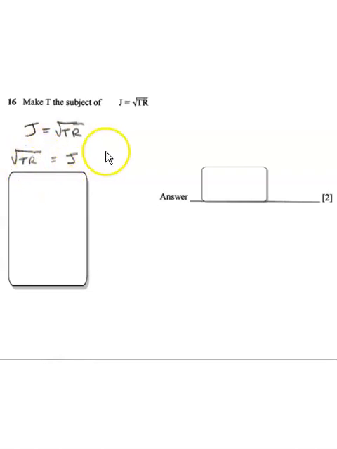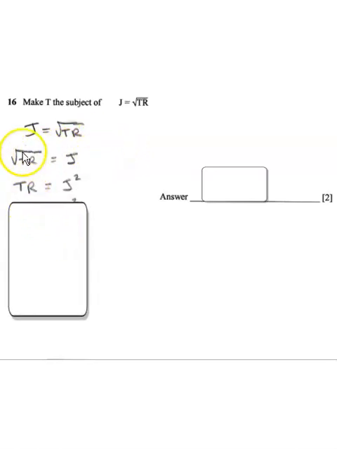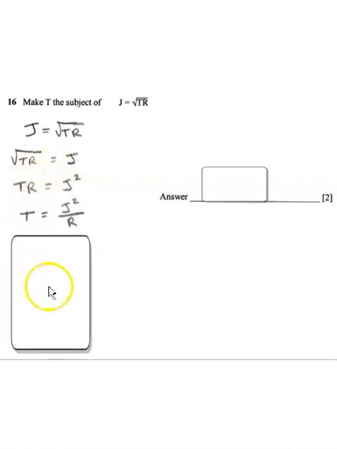Now to get rid of this square root, when the square root gets moved across, it becomes a square. So it's tr equals j squared. Next it's j squared divided by r. So the final answer is t equals j squared over r.